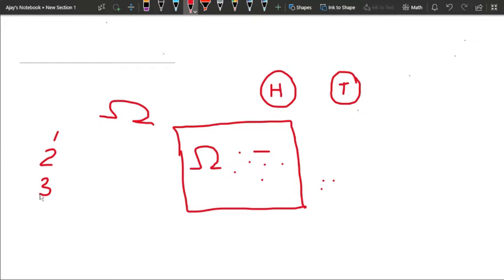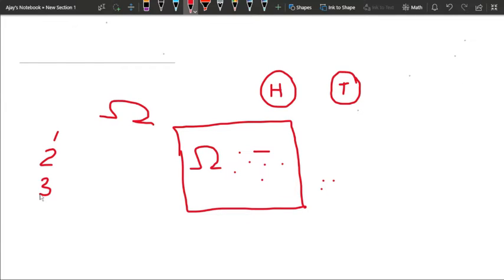To summarize, this set should be such that at the end of the experiment you should always be able to point to one and exactly one of the possible outcomes and say that this is the outcome that occurred.